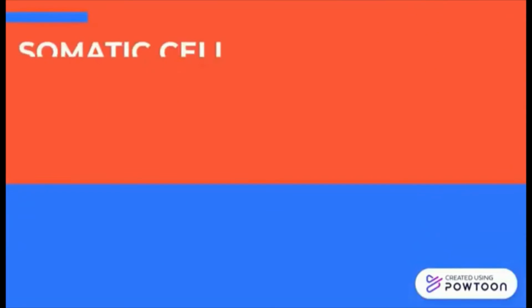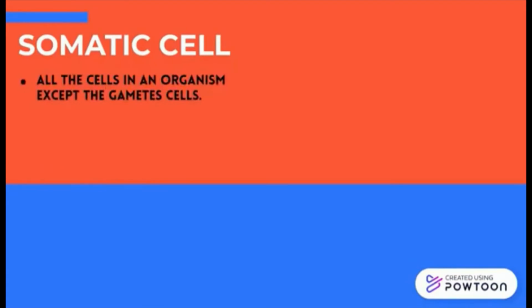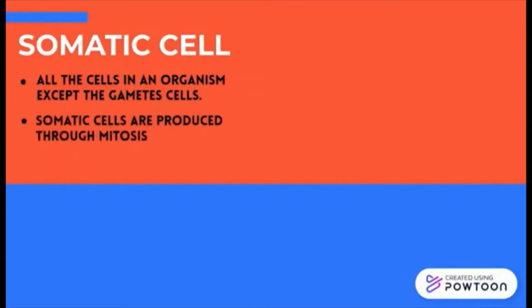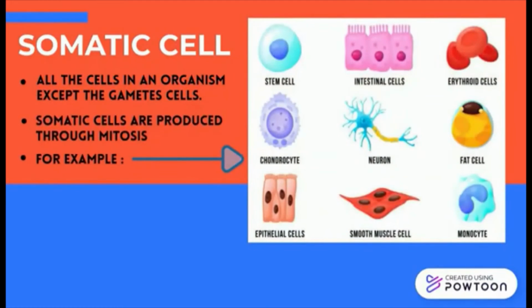Another type of cells is the somatic cells. All the cells in an organism except the gamete cells are somatic cells. Somatic cells are produced through mitosis. For example, muscle cells, nerve cells, stomach cells, and so on. You also can refer to the images given.